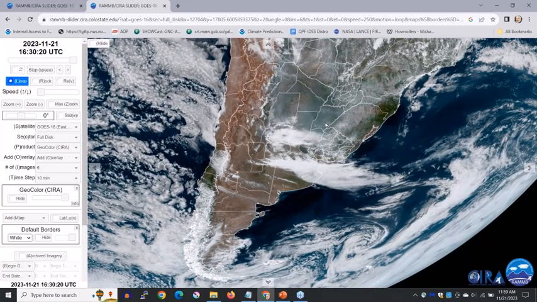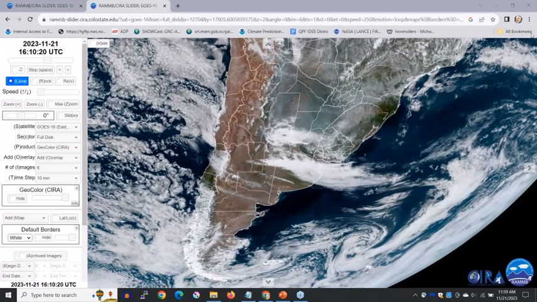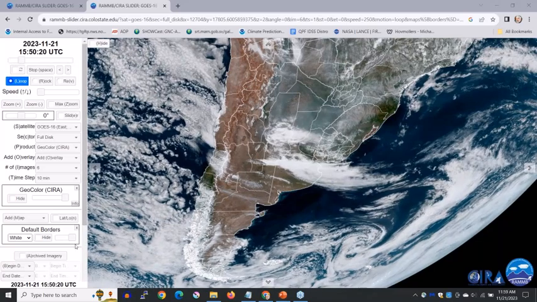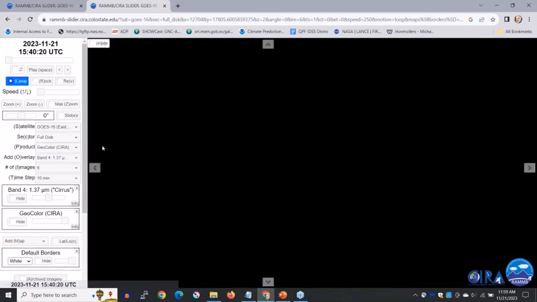Okay, Bernie. Deanna said also look at the Cirrus, band 4, and I always have to look and see which band 4 is: 1.37 micrometers, Cirrus.